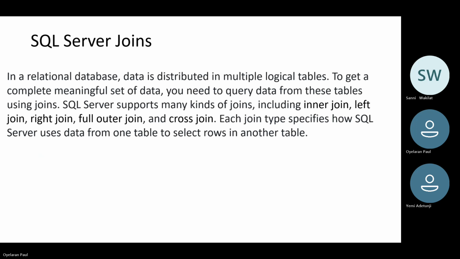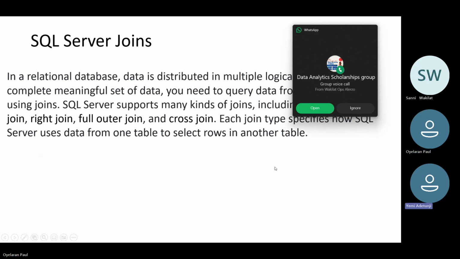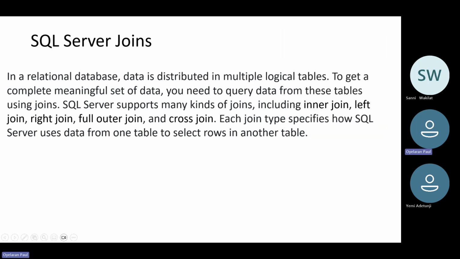So we'll be talking on join this week. We've explored aggregate functions that we deal with using group by, like sum, right? So the next one we'll be talking about is join.